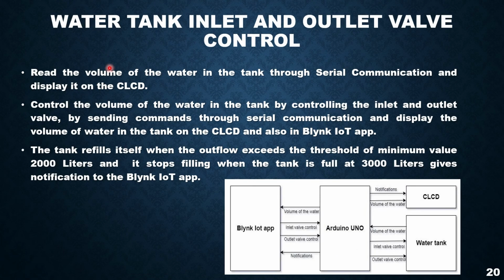And in this section, I am going to talk about the water tank, that serial tank we used in our project. The serial tank reads the volume of the water in the tank through serial communication and displays it on the CLCD.